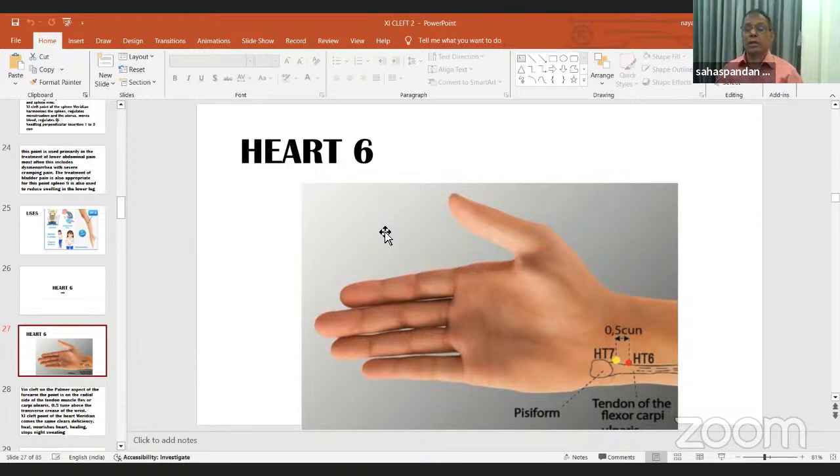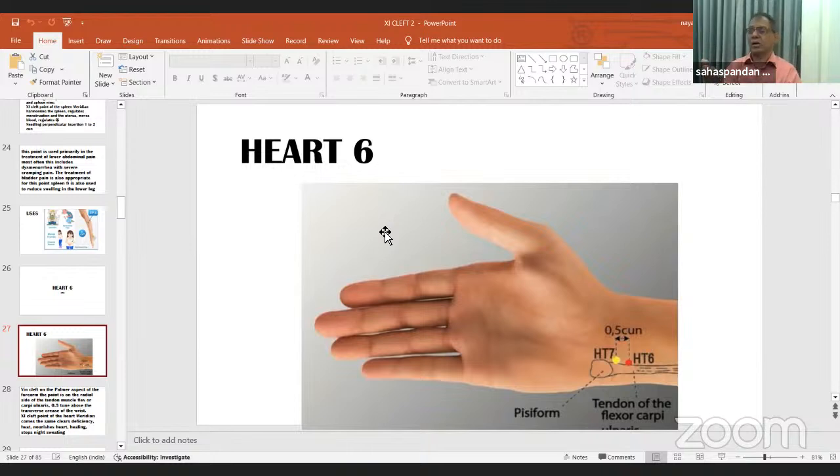It is on the palmar part of the forearm. This is the incipient point, and it is on the palmar side of the forearm. The point is on the radial side.